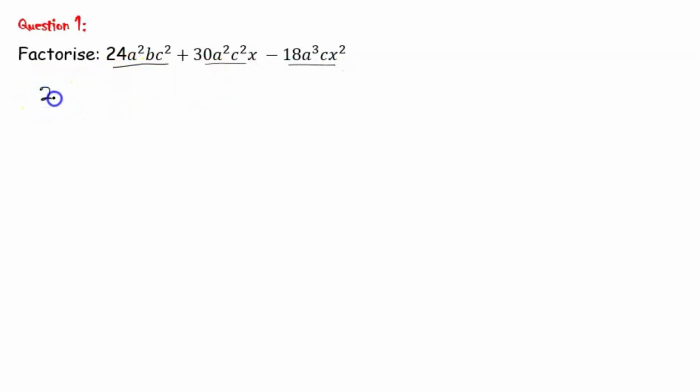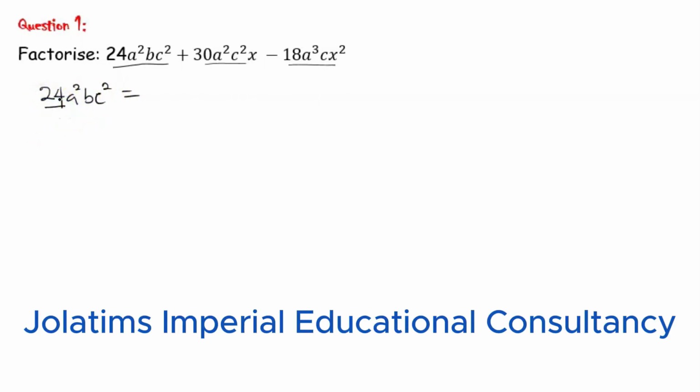So the first one is 24a squared b c squared. Now, factors of 24: numbers that can divide 24 without a remainder. You have to express it as the product of its factors. I know 6 times 4 is going to give me 24.